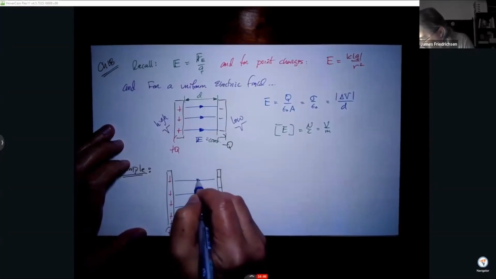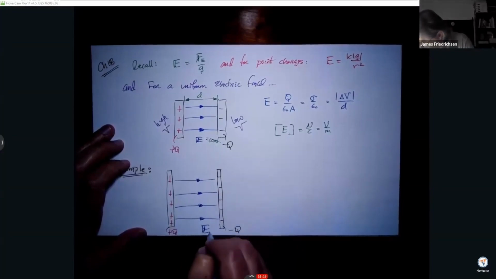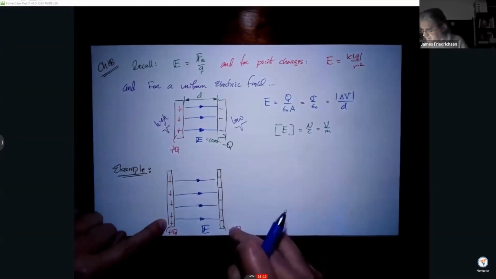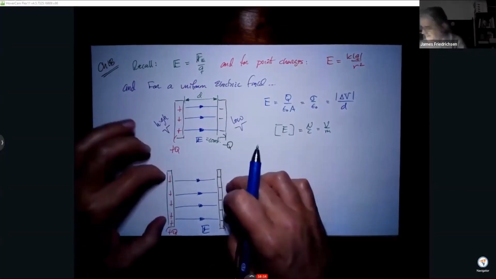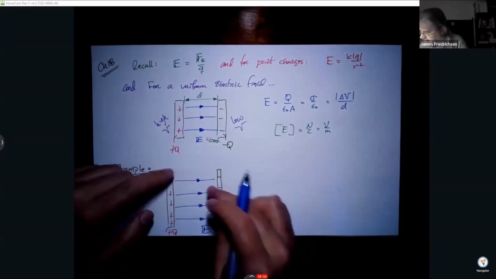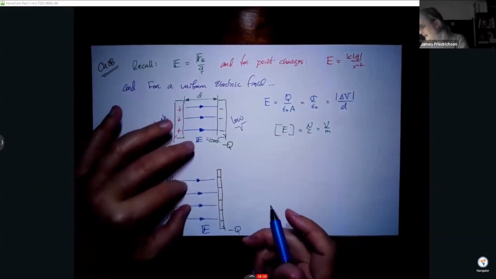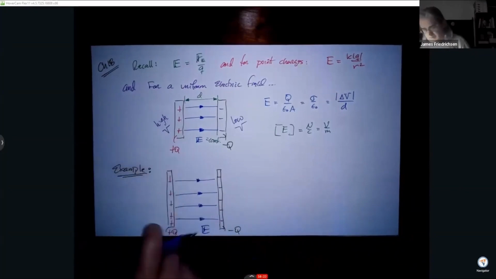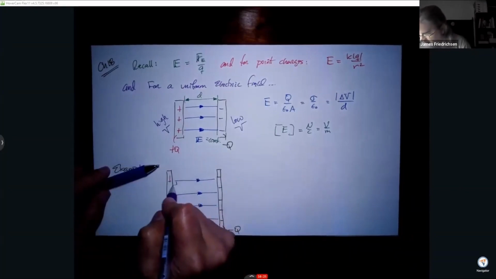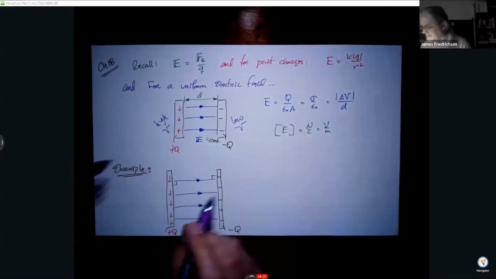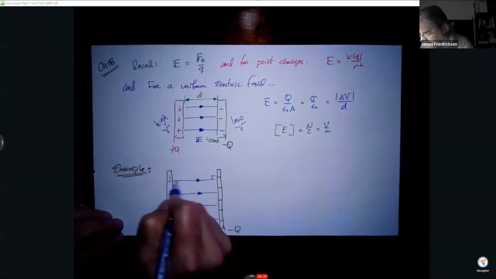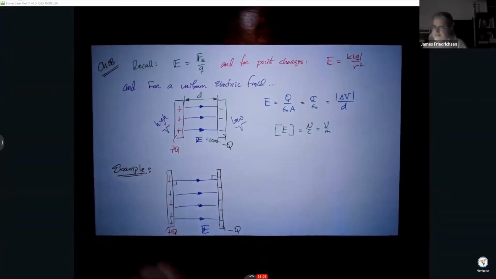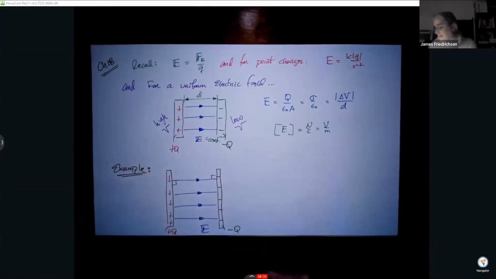When I draw this picture, I make sure to put equal numbers of plus and minus signs to indicate equal amounts of opposite charge. I try to get the spacing between my electric field lines to be pretty uniform. They should point from high to low. They should be perpendicular to this conductor and to that conductor. They really should go from conductor to conductor, like so, because these are equipotentials.